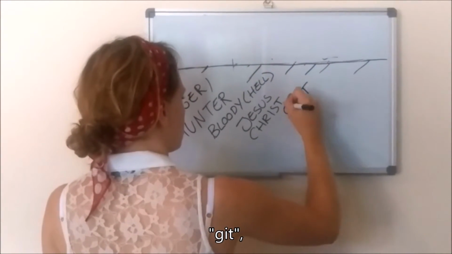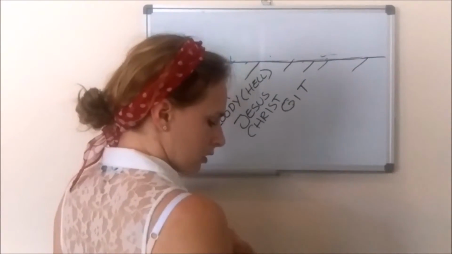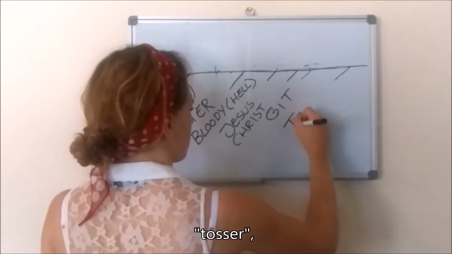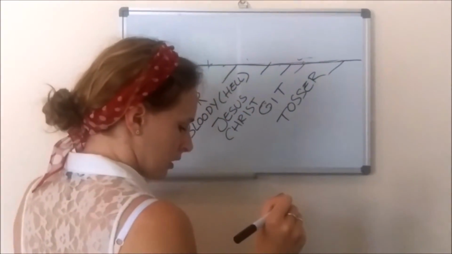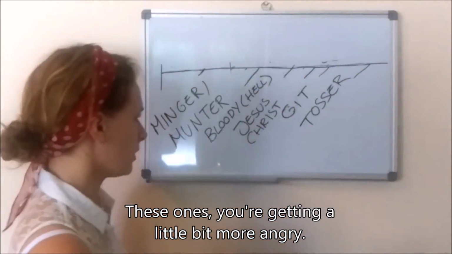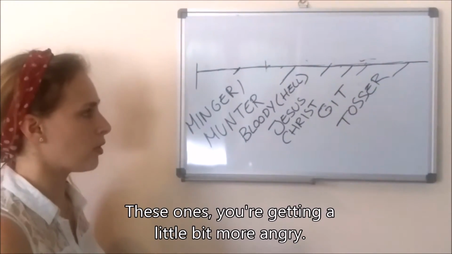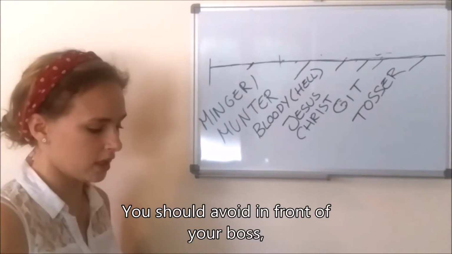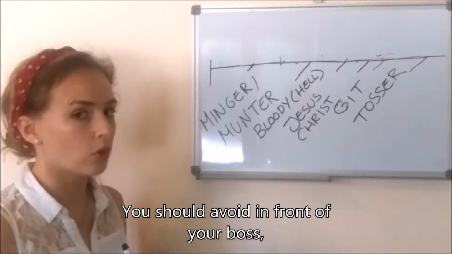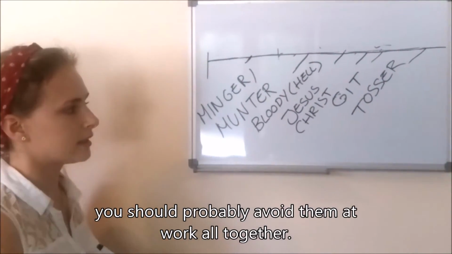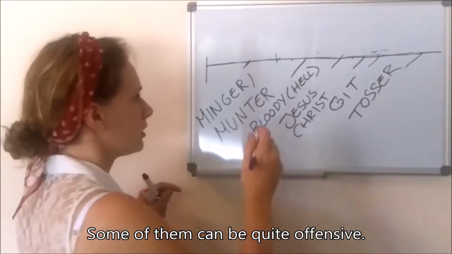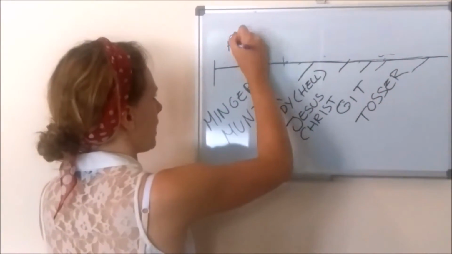Git. Tosser. And so these ones, you're getting a little bit more angry. You should avoid in front of your boss. You should probably avoid them at work altogether. Some of them can be quite offensive. So avoid at work.